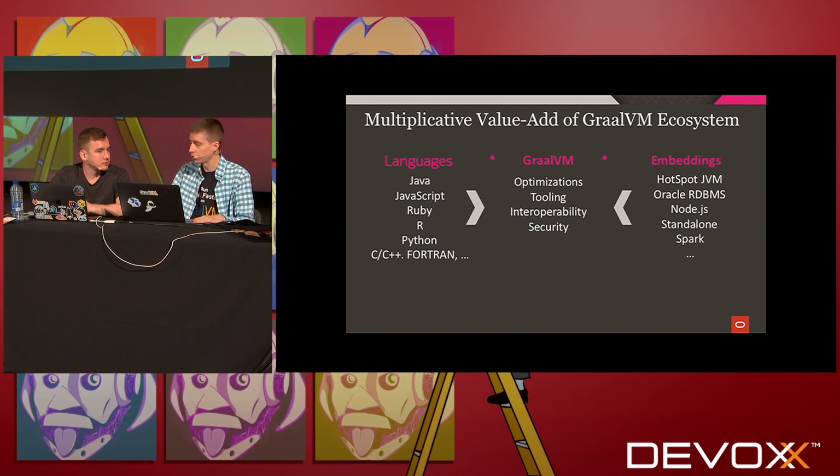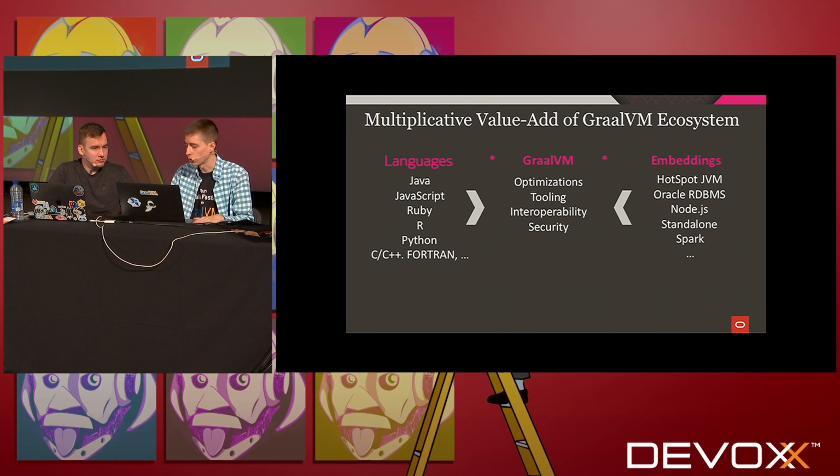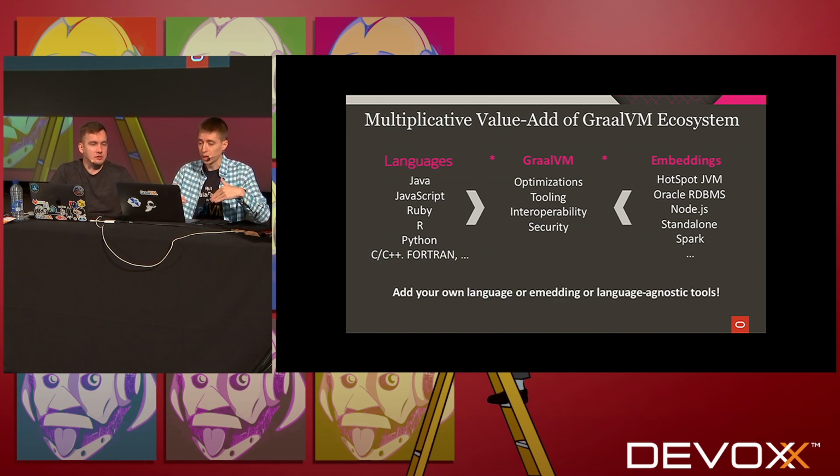So the next time you hear about GraalVM, you should be able to pinpoint which part of GraalVM we are talking about. Is it the ahead-of-time compile part? Is it the polyglot part? Is it the just-in-time compile part? These are the three major areas where we currently have innovation going on with GraalVM. And we certainly encourage people to add their own language or embeddings.